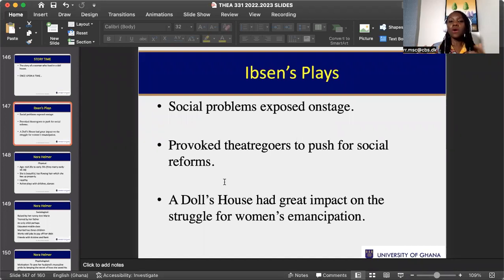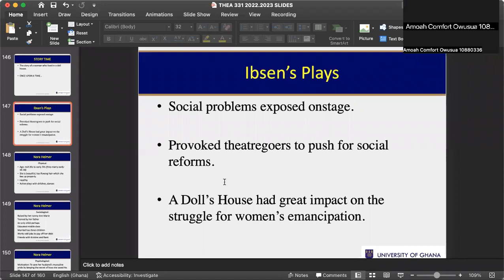We know that what she has done was a huge problem and it had to be kept a secret because of the kind of society they lived in. And Henrik Ibsen was notorious for exposing social problems on stage. At the time, he had to leave Norway, his home country, and go and live elsewhere for about 27 years to be able to properly criticize them.